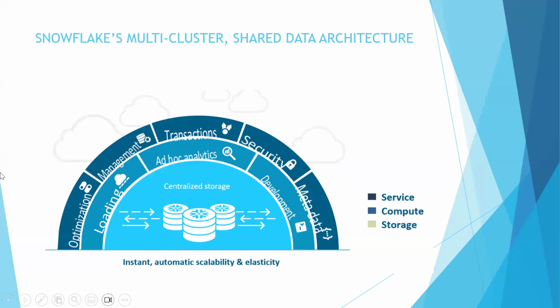And this is the architecture which we discussed already. Snowflake follows a three-layer architecture. The first one is the cloud services layer, the second one is the compute layer, and the third one is the storage layer. The first layer, the topmost layer, is the cloud services layer, which allows us to authenticate, like log in to the Snowflake environment.